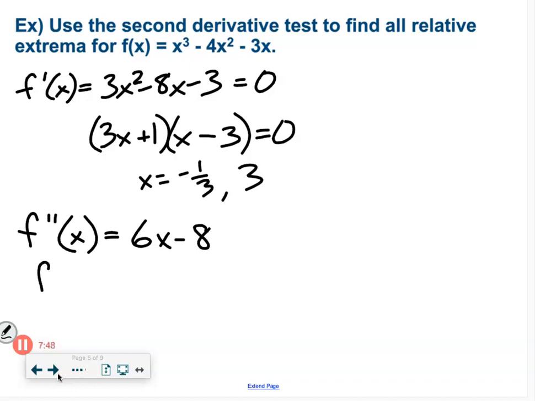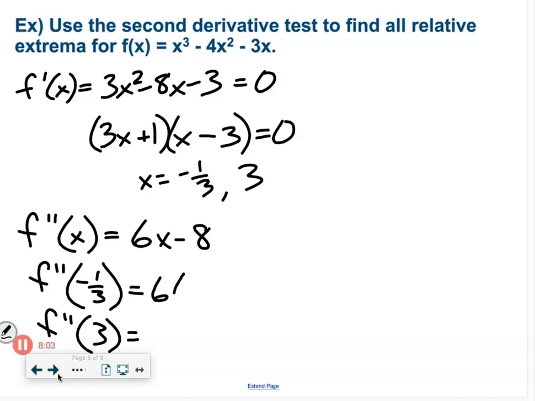So when we find the second derivative, you just plug each of these points in. So f double prime of negative a third, well, that's 6 times negative 1/3 minus 8.